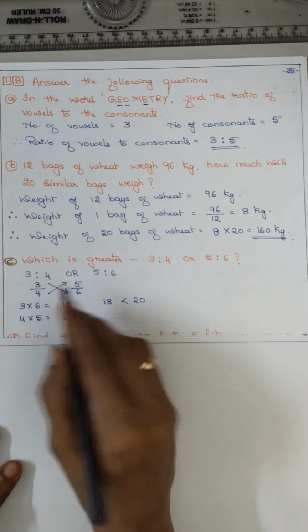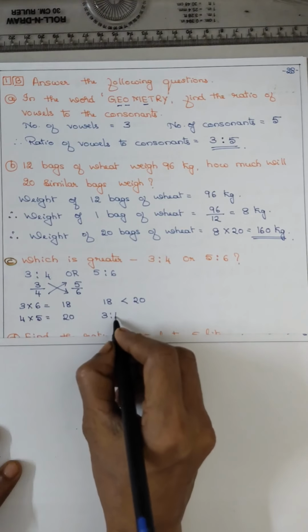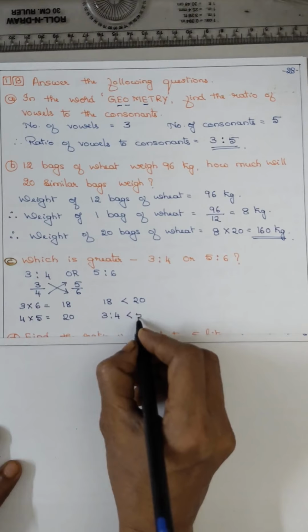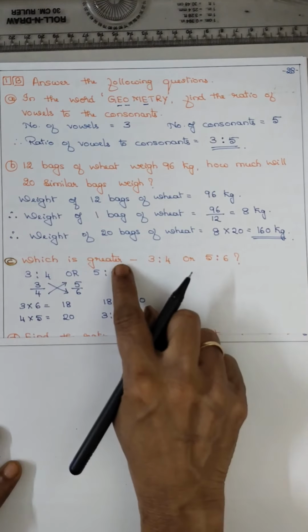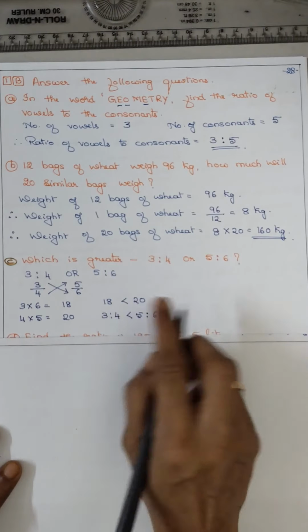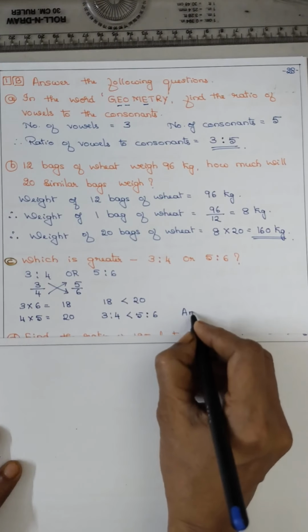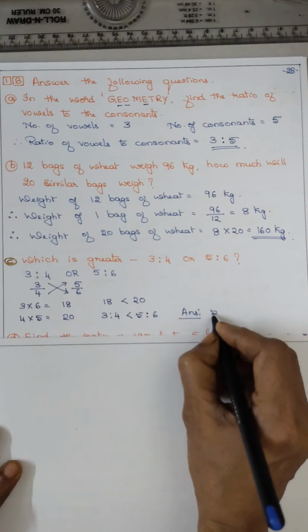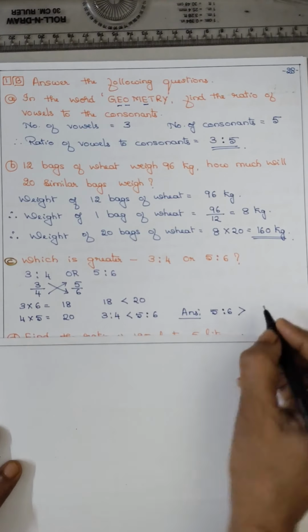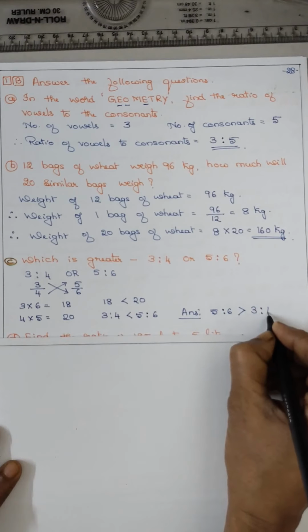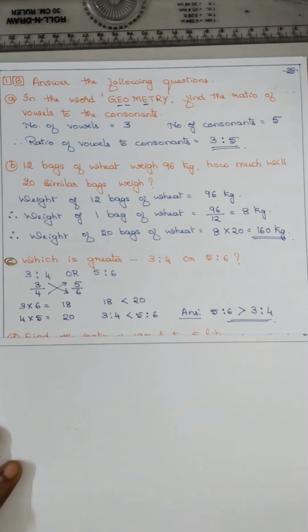That is, first, 3:4, is less than 5:6. So which is greater? Greater पूछे हैं, so इसके लिए reverse. 5/6 is greater than 3/4. Understood?